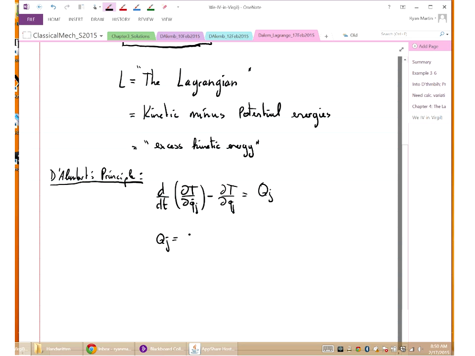So capital Qj is the generalized force. That was the sum from i equals 1 to capital N of the force Fi dotted with ∂Ri/∂qj.